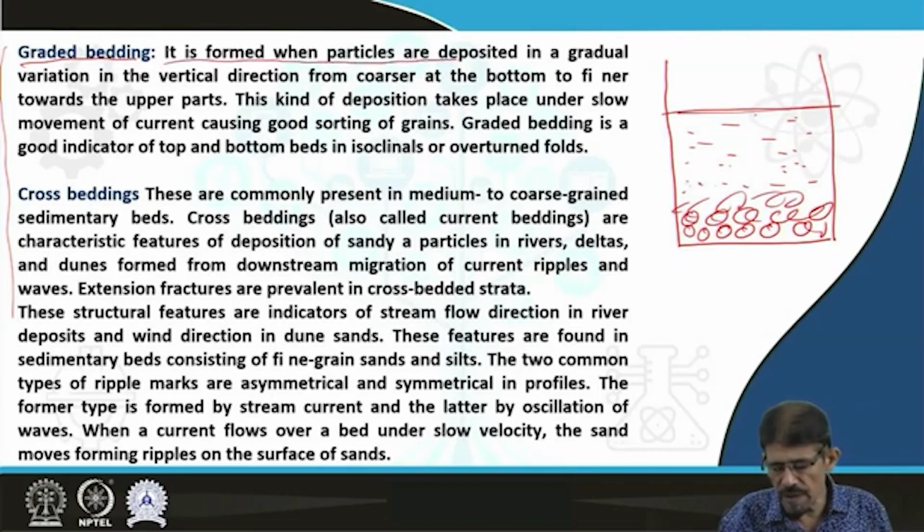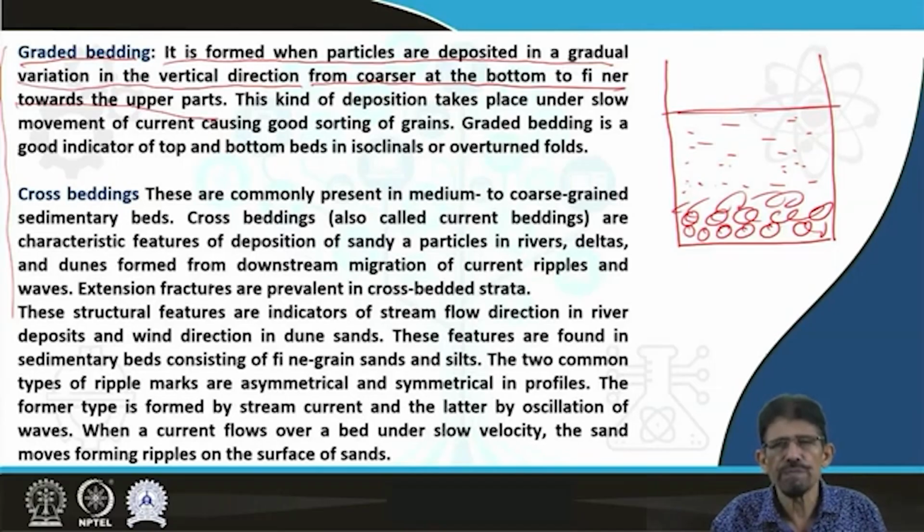It is formed when particles are deposited with gradual variation in the vertical direction, coarser at the bottom and finer toward the upper part, due to change in energy condition of the material carrying agency.